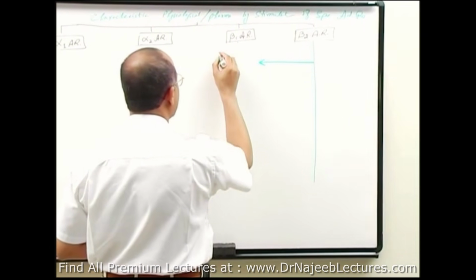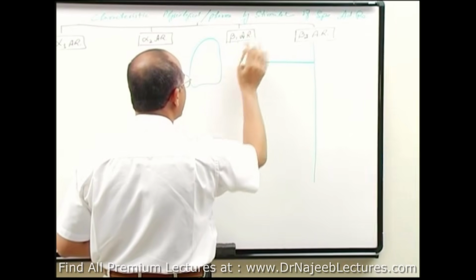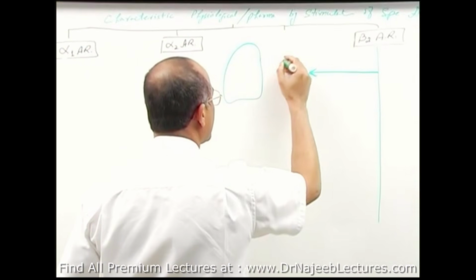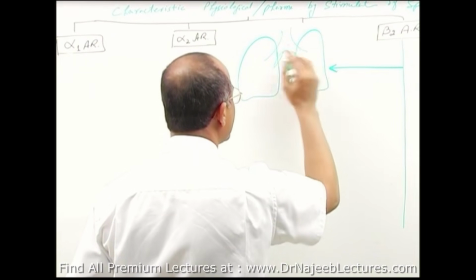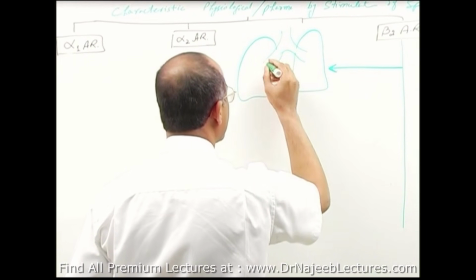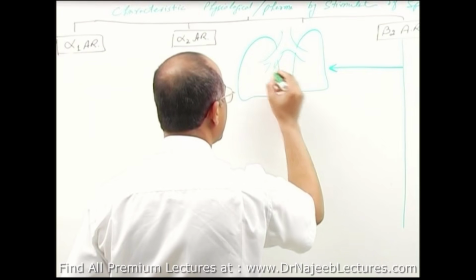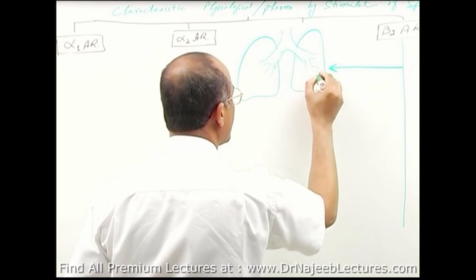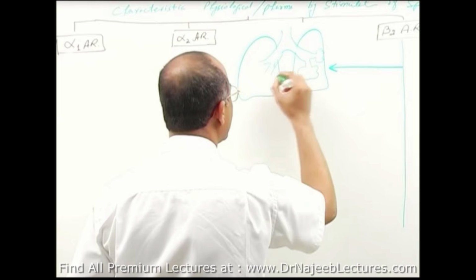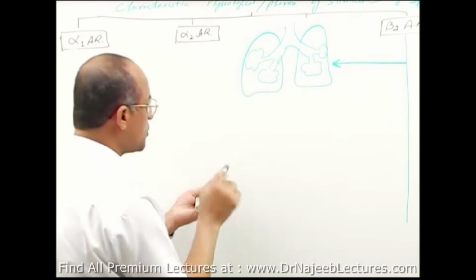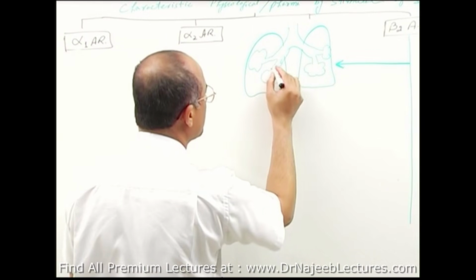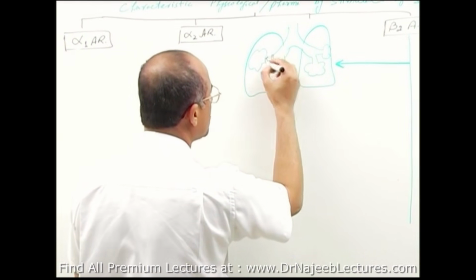Number 1, in the lungs there are beta 2 receptors present on, yes please, where are they present? On bronchial smooth muscle. On bronchial smooth muscle, there are beta 2 receptors. These are bronchial smooth muscles.